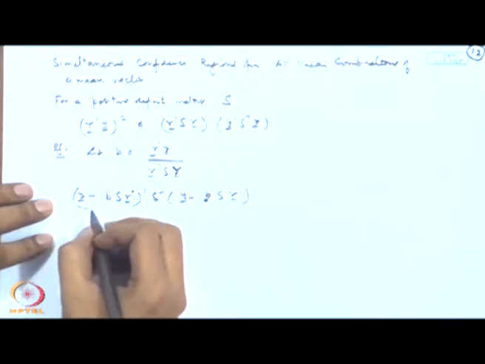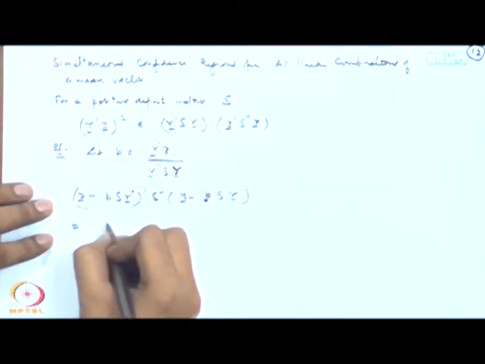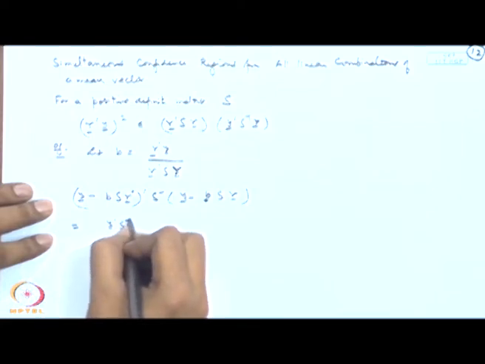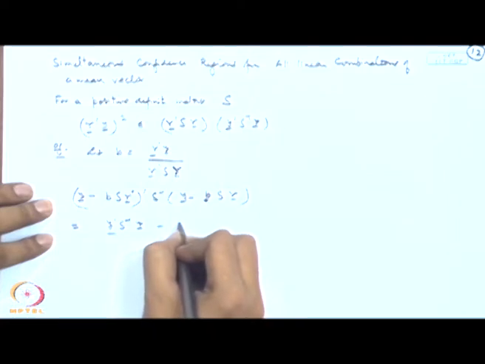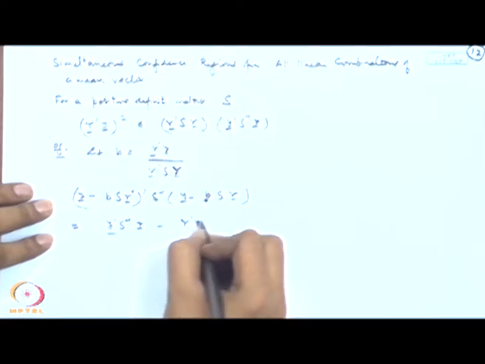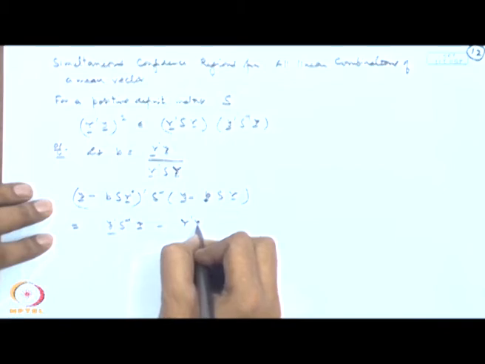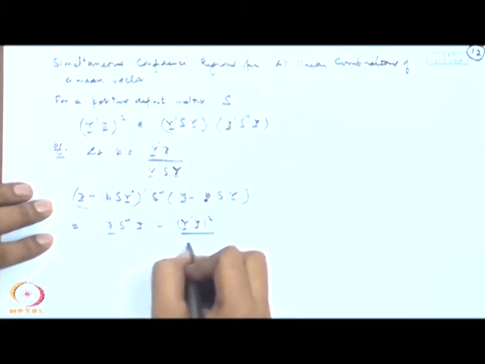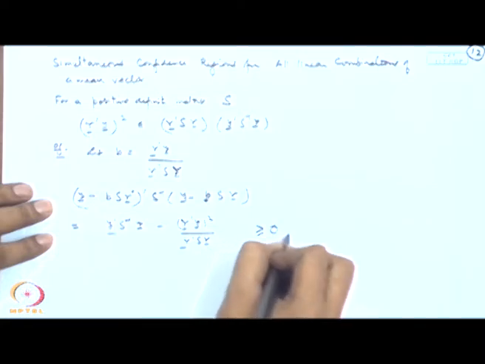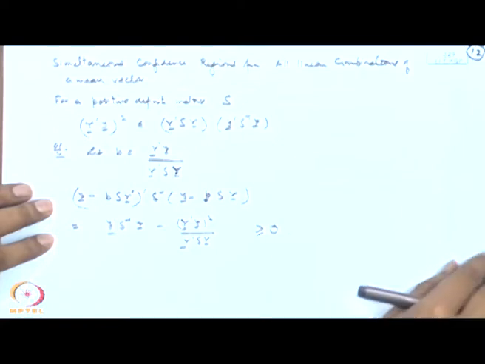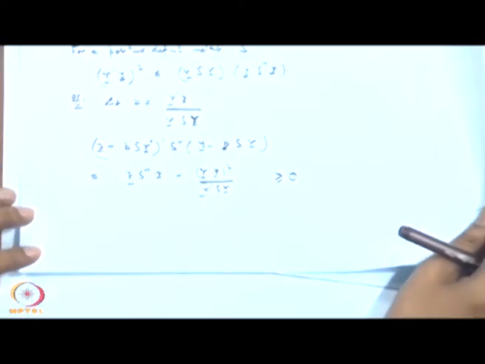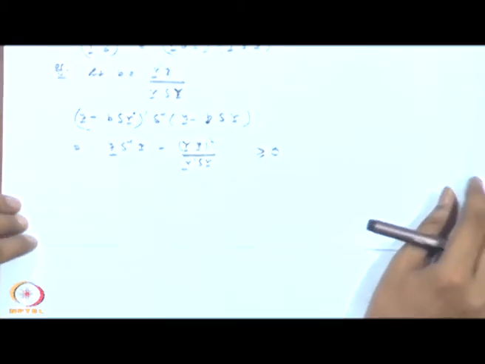Now, if I expand this, I get y prime S inverse y minus (gamma prime y) square by gamma prime S gamma. Now, this is greater than or equal to 0. So, this gives the result here. This is basically a generalization of the Cauchy-Schwarz inequality to higher dimensions.